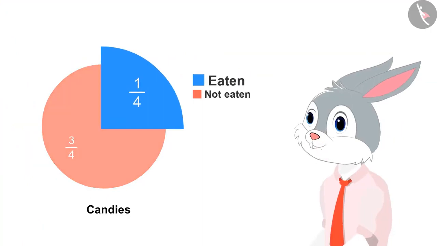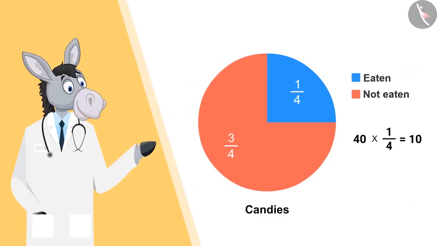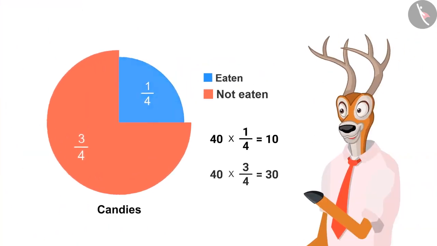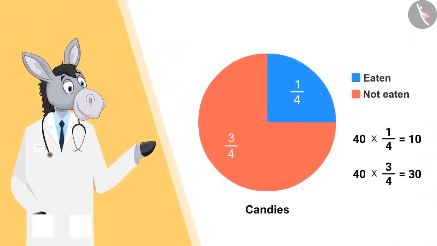They ate 1/4. That is 1/4 of the candies. So 1/4 of 40 is 10. So children ate 10 candies. So, how many candies are left? 3/4. That is 30 candies.